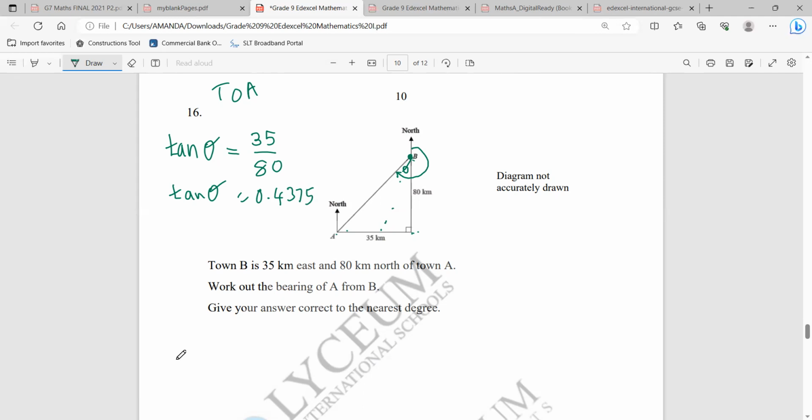I hope you know how to do it. Tan inverse of 0.4375. I'm trying to do it on my calculator.